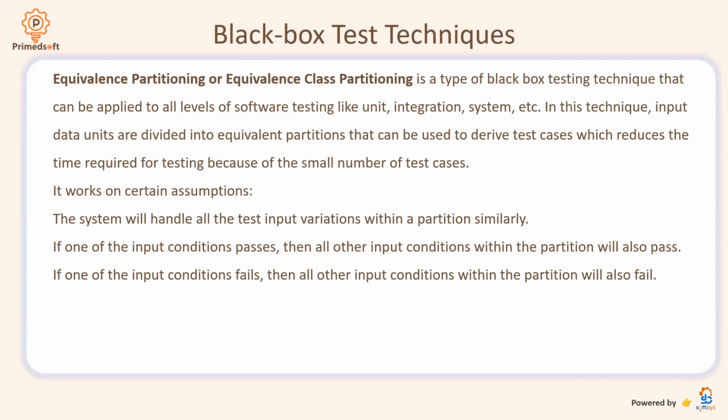It is a technique of black box testing that can be applied at all levels of software testing, such as unit testing, integration testing, and system testing, right? So what does it do?